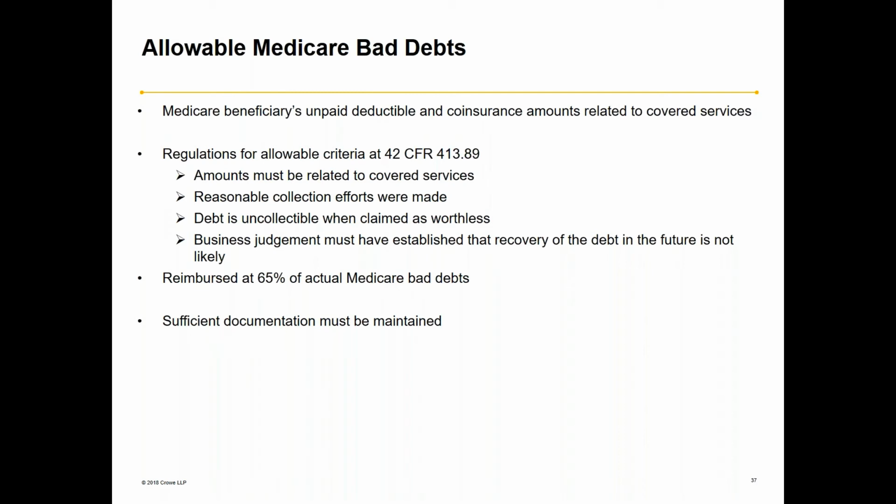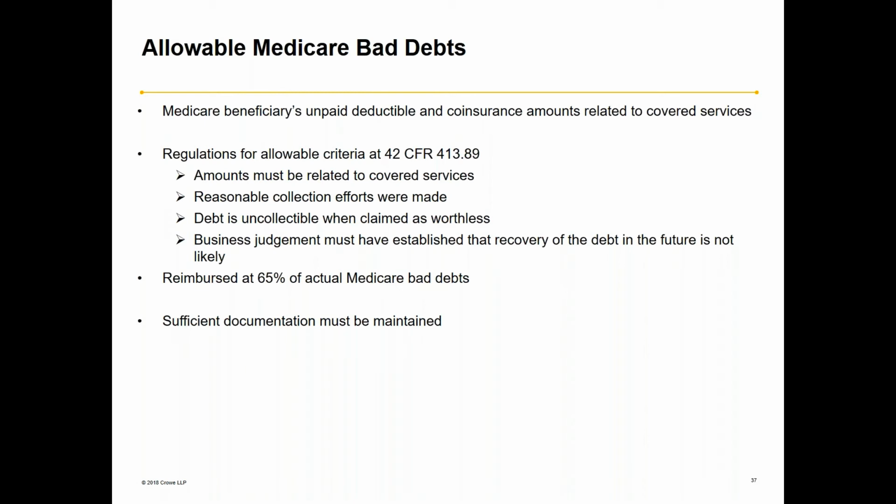is being able to maintain the documentation that says that this is a Medicare bad debt, that says that everything that needs to be done for it to be claimed as a Medicare bad debt was done.